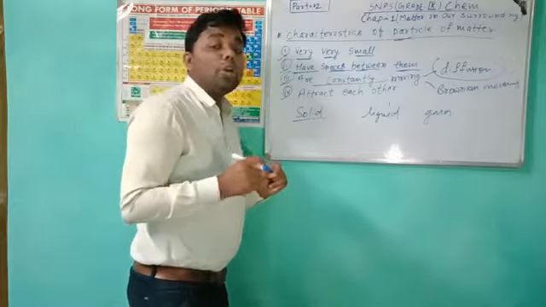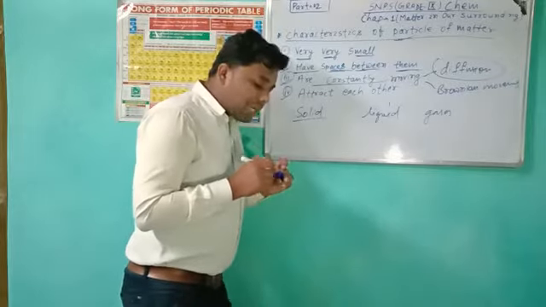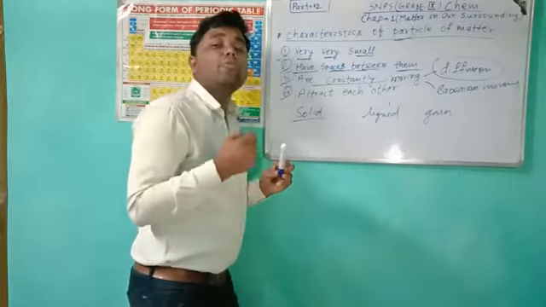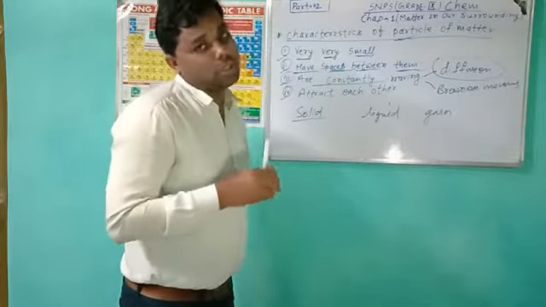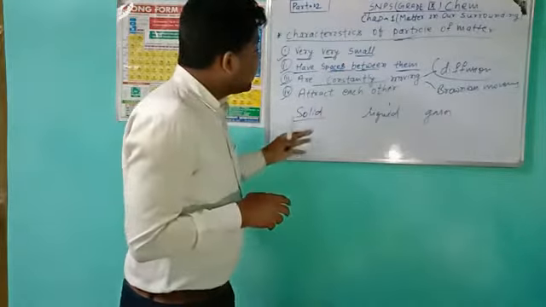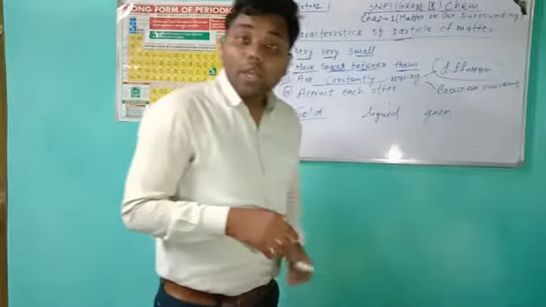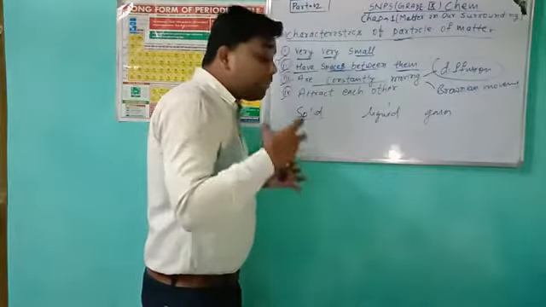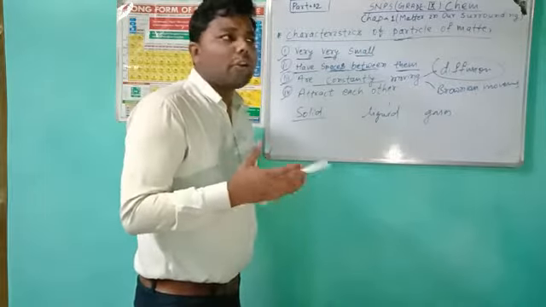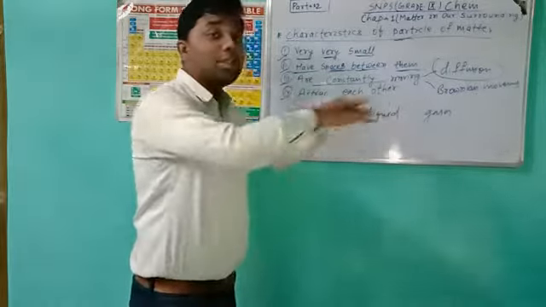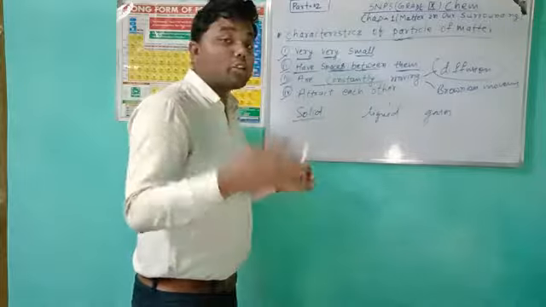The intermolecular force is a special type of force present between the molecules of substances. In solids, it is very much stronger; we can say strongest among all the states of matter.